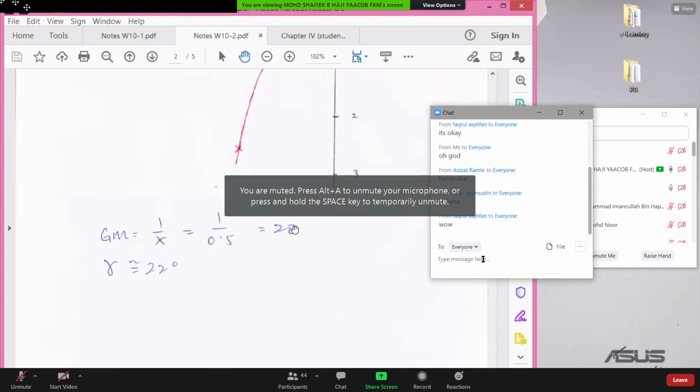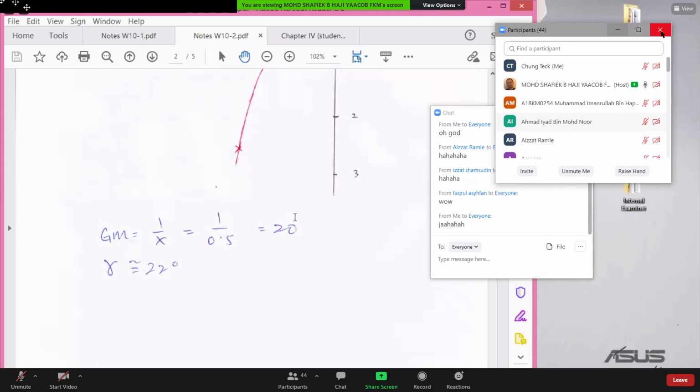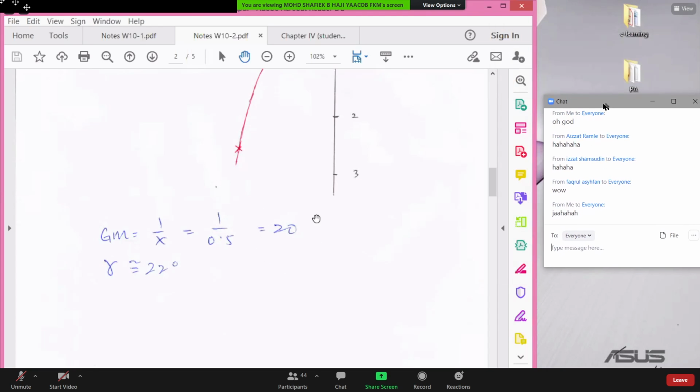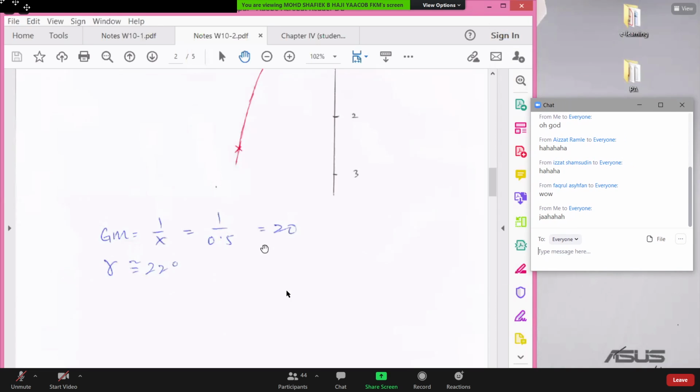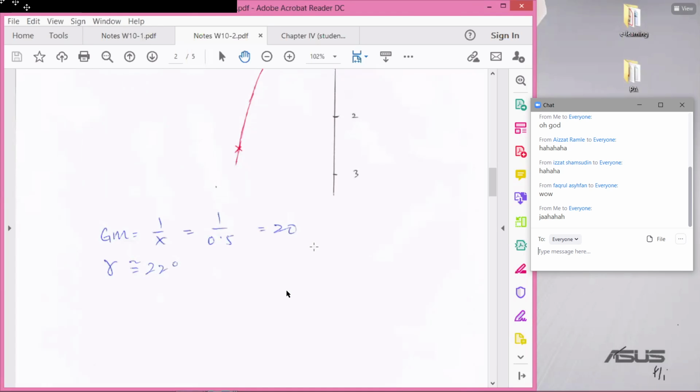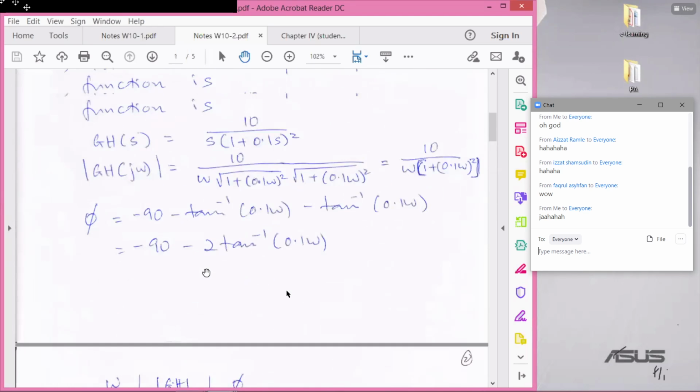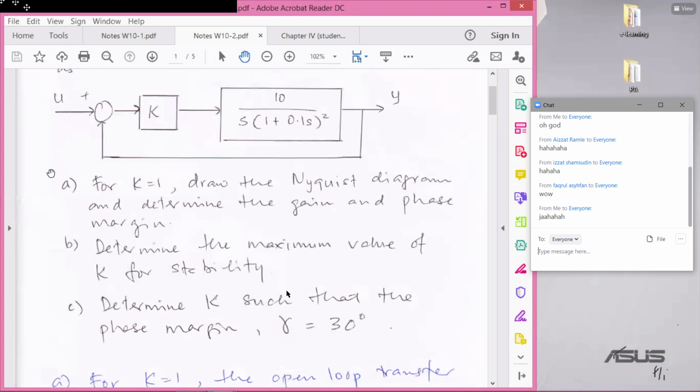This is not 20. 1 over 0.5 is 2, I guess. Make a correction. This is not correct. 1 over 0.5, that's not 20. It's 2. And the phase margin is 22. So that is the first part of the question, part A.